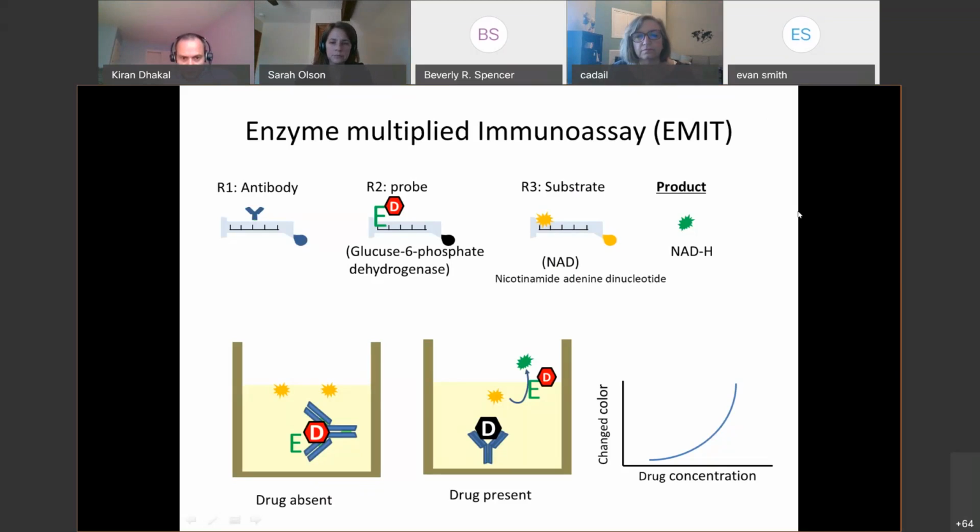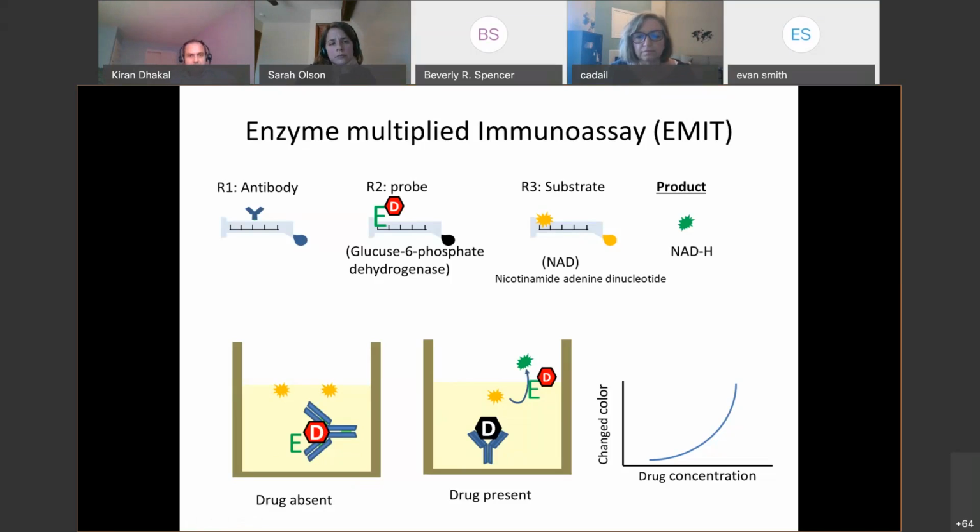Here, you can see a hexagonal D which has a red background, and you can see a drug with a black hexagonal background. They are the same drug, but I present them in 2 different colors to distinguish that the red background is associated with the probe, and the dark background is associated with the natural drug present in the urine.